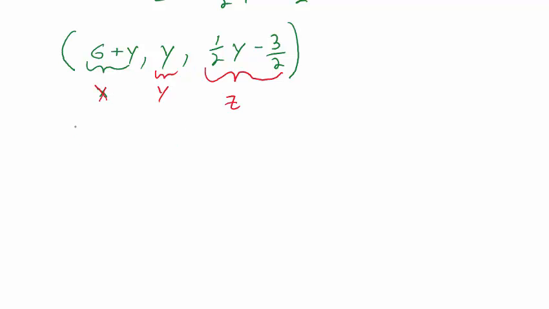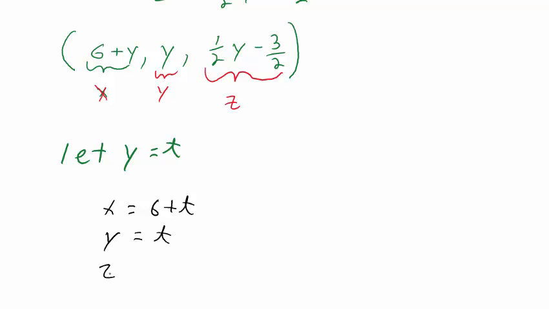It might look a little better, be a little less awkward, if we said let y equal t. It'll at least look more familiar. If we say let y equal t, then we recover our parametric equations as x equals 6 plus t, y equals t, and z equals 1/2 t minus 3/2.